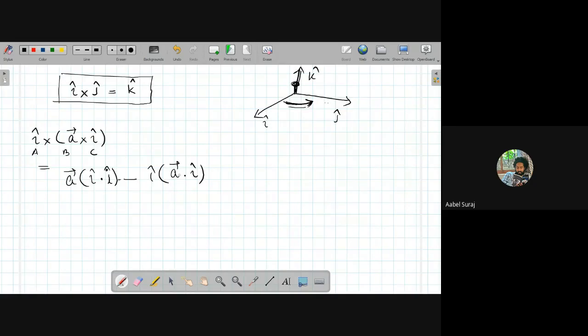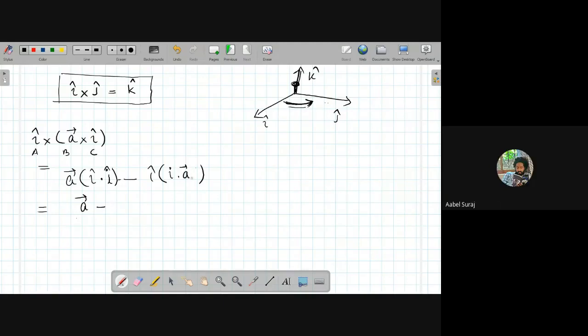A dot i and i dot i are the same, no problem, I'm just following the format. So i cross a cross i will be a vector into i dot i minus, what is this?